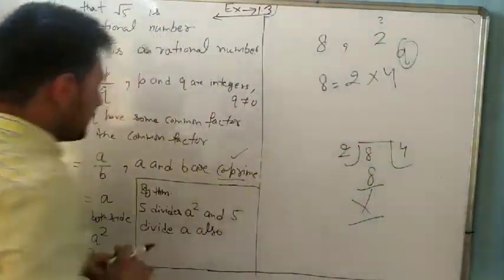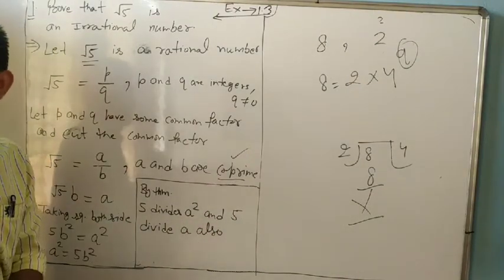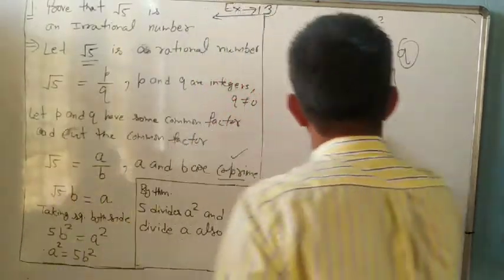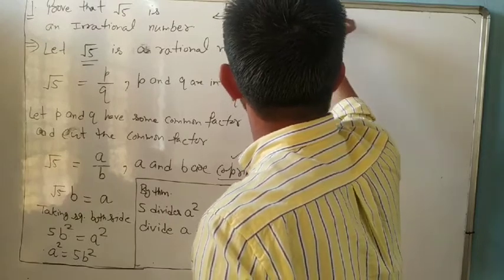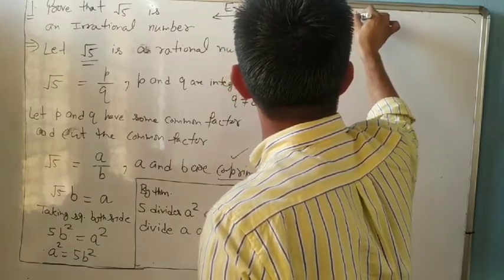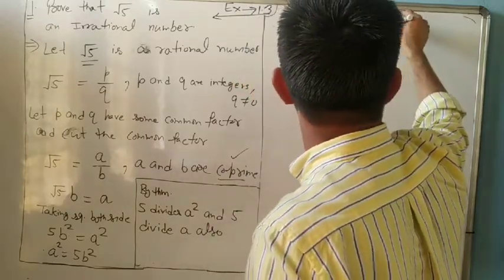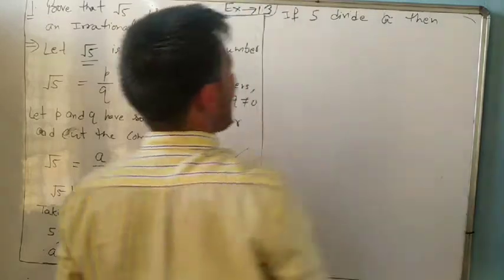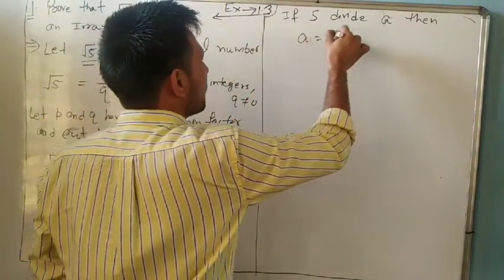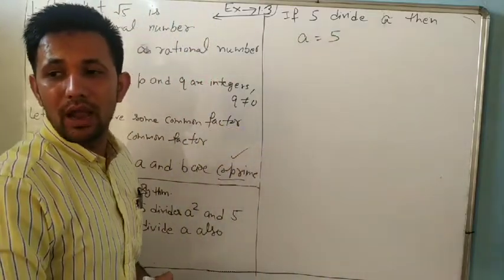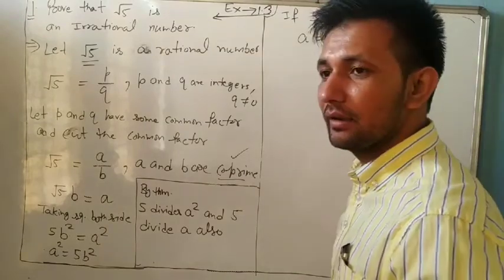Same as it is, if 5 divides a, then you can write a equals 5 into any number. See, can write.